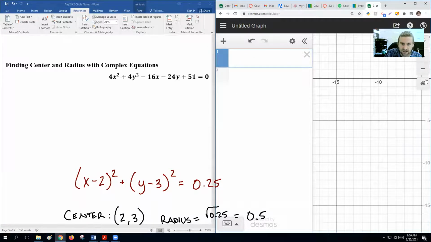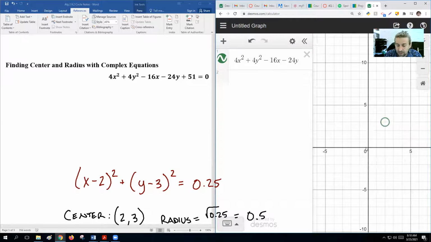All right, so let's type in the original graph. Okay, so 4x squared plus 4y squared minus 16x minus 24y plus 51 equals 0. Don't even see it. Okay, so that's a small circle. That's a good sign.